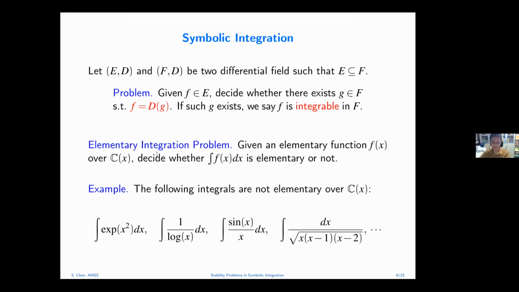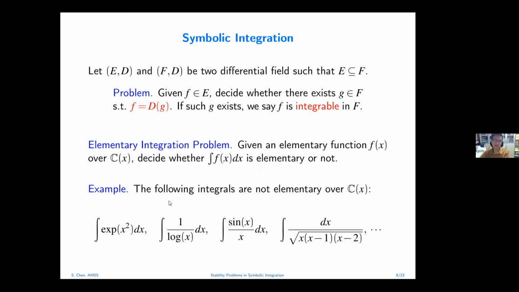So as already said, in the elementary integration problem, we focus on elementary input. When f(x) is in an elementary function field, a differential field, then we are usually curious whether the indefinite integral of the given elementary function is still elementary or not. This is a very classical question. Maybe even at the beginning of calculus, mathematicians already thought about this.